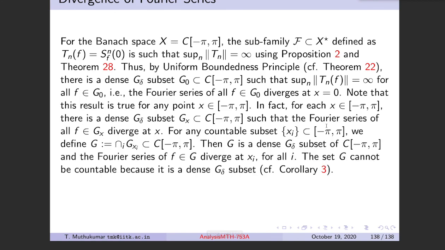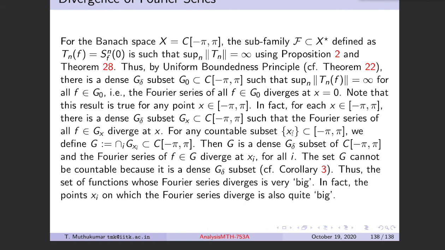The set G cannot be countable because it is a dense G delta subset; by the corollary, if it was countable, it cannot be G delta or it cannot be dense. So G is an uncountable collection of functions, and for every f in G the Fourier series diverges at the countable collection of xi's that we have chosen here.